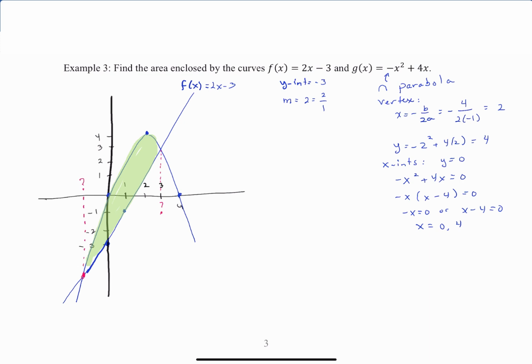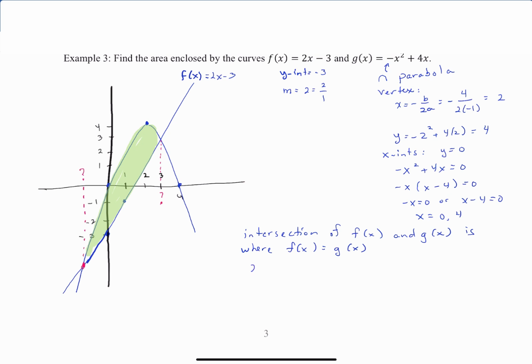The way to find where two curves intersect, and let me state this generally to help you in the future, the intersection of two curves f of x and g of x is going to happen where f of x equals g of x, where they have the same y values. So we set 2x minus 3 equal to minus x squared plus 4x and solve for x.